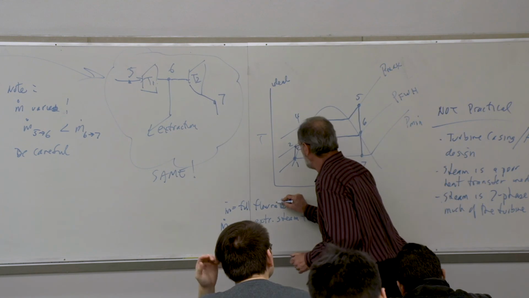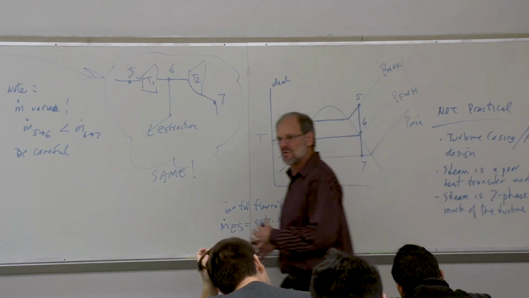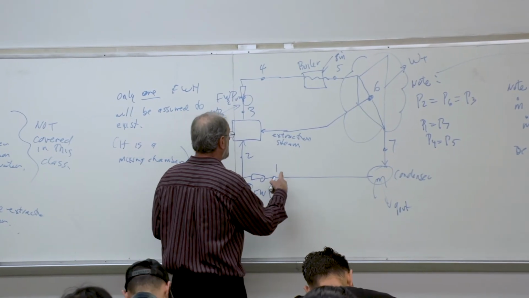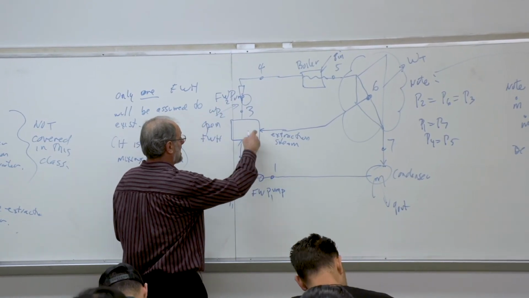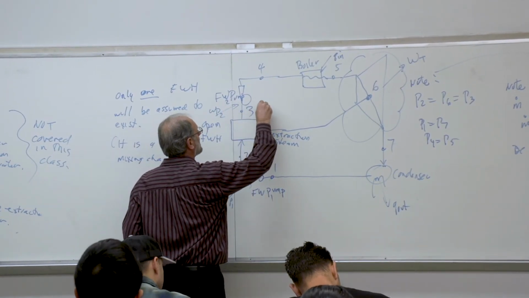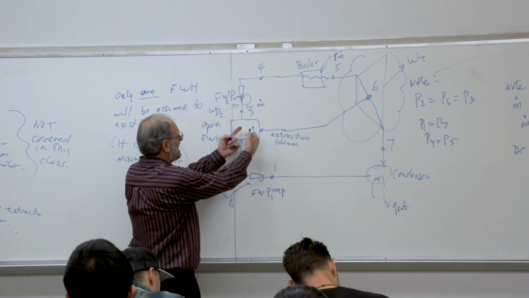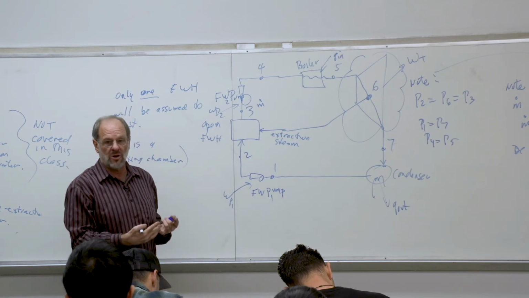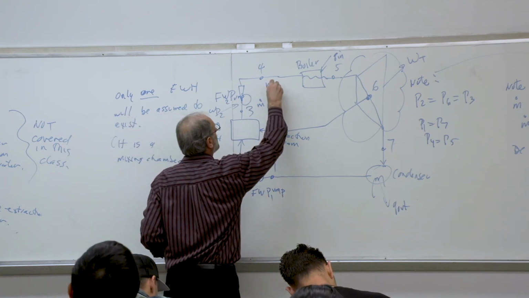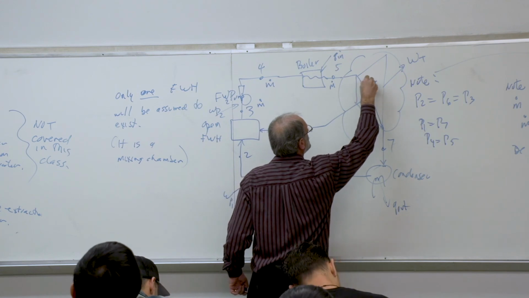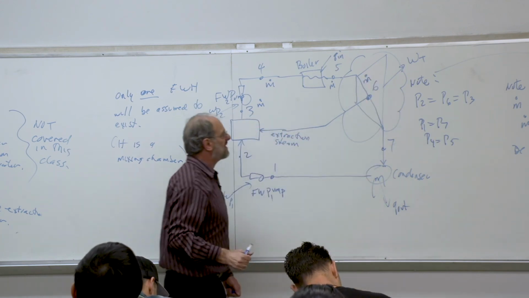Then let's show these on the diagram just to make sure we understand that we don't have the same flow rate everywhere. We have the full flow rate here at point 3. After all, the extraction steam has been recombined with the feed water, so we have the full flow rate. We have the same full flow rate at 4, we have the same full flow rate at 5, and the same full flow rate m dot in that first half of the turbine.